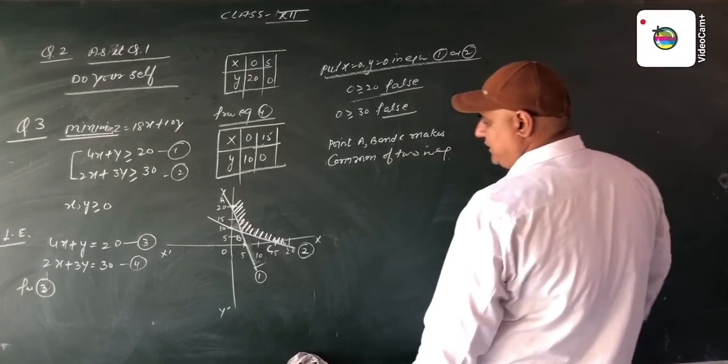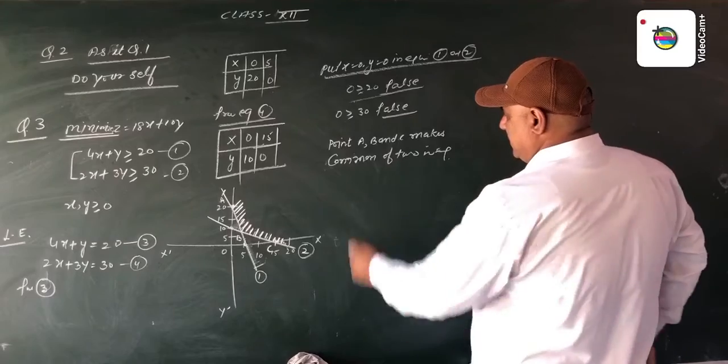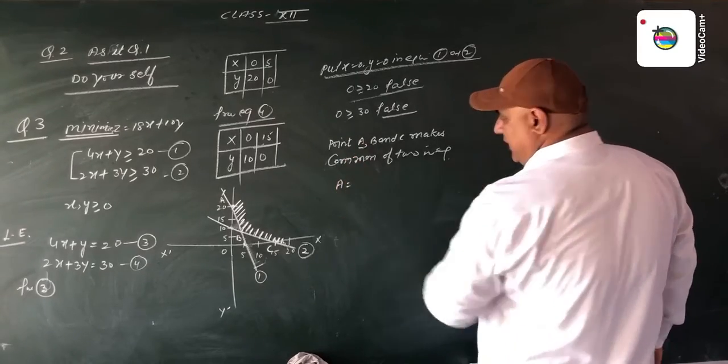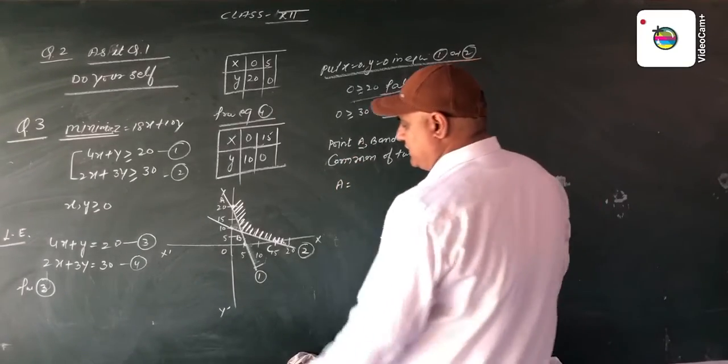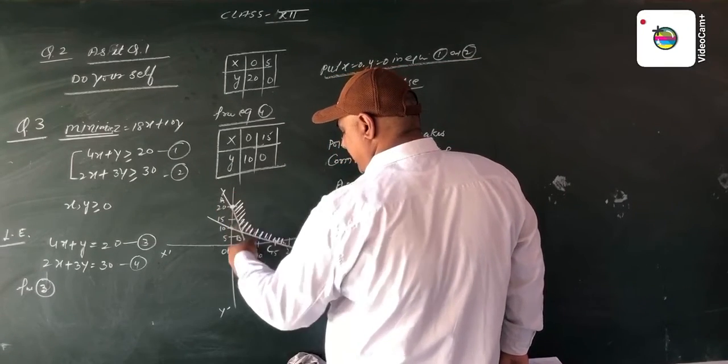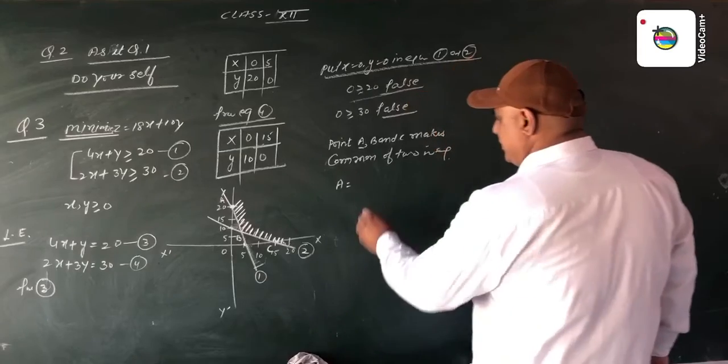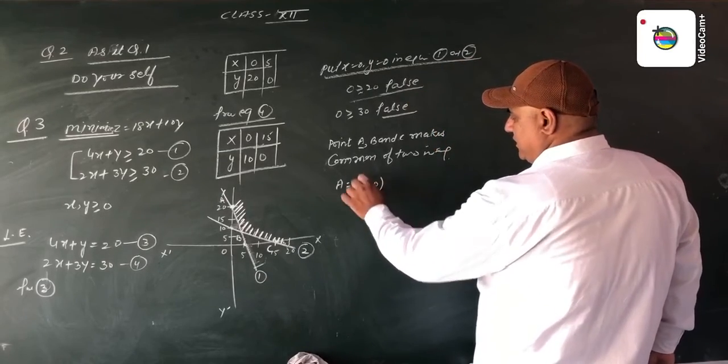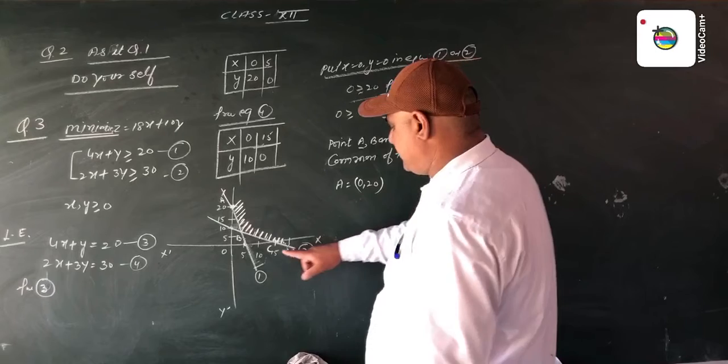Now we find the coordinates of point A. The value of y is 20, then x is equal to 0. So A is (0, 20).